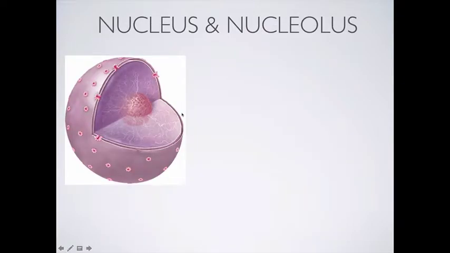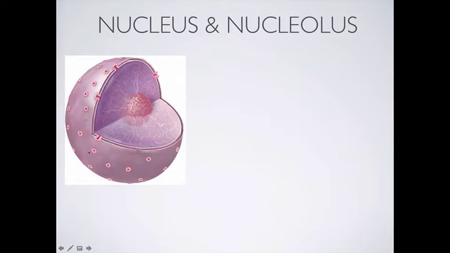All right, so let's start with the nucleus, arguably the most important part of the cell. Actually, I don't know that anyone really would argue that. So in the center of the cell is the nucleus. The nucleus is surrounded by a membrane. It's actually like a double membrane.